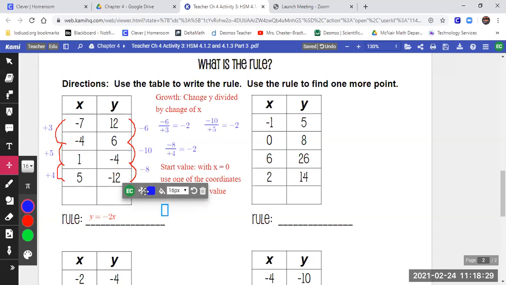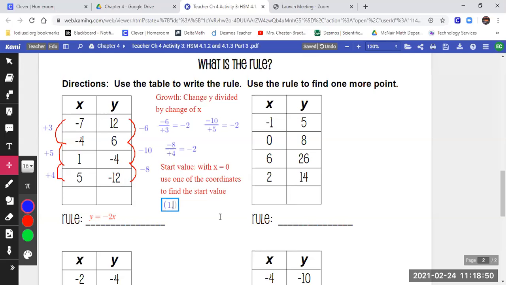So what is one of my coordinate pairs that I have on this table already? Tell me one of the coordinate pairs that's on the table. Does it matter which one? No. Okay, 1, -4.